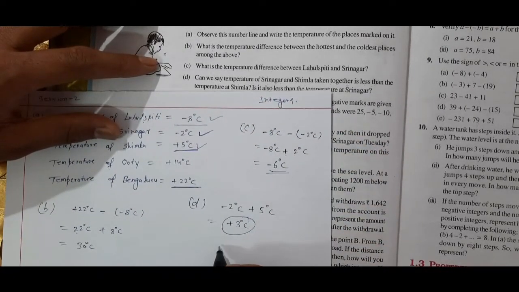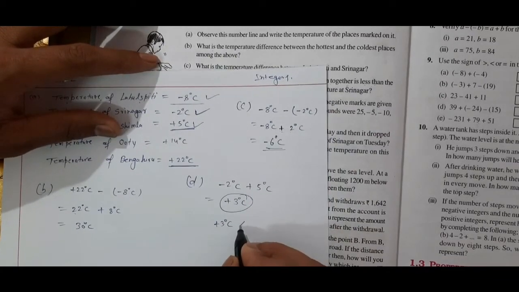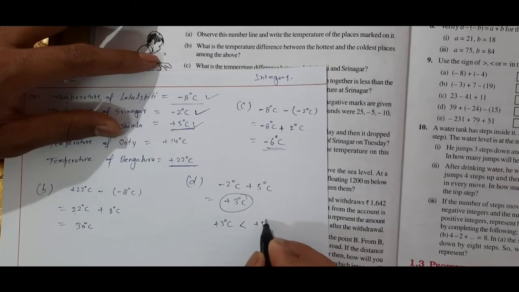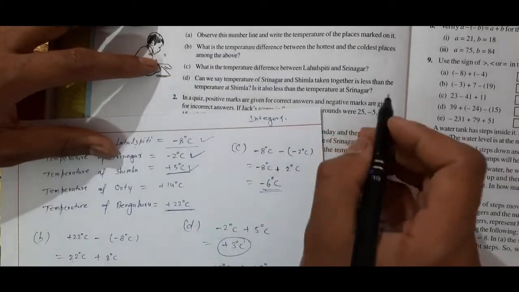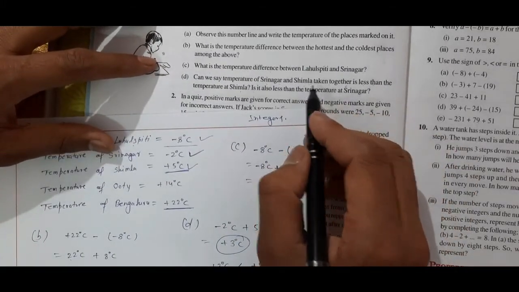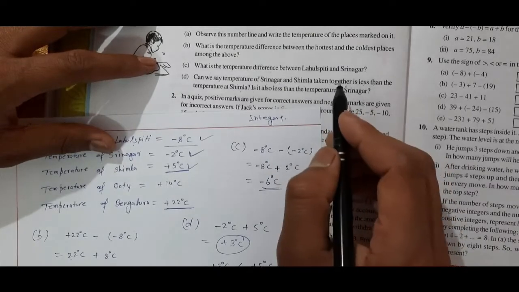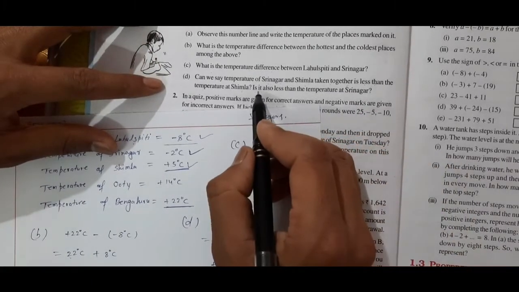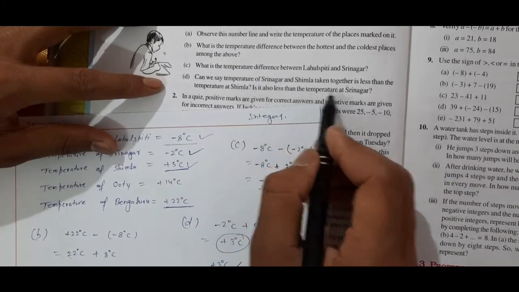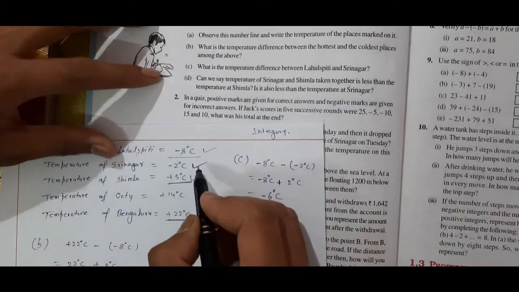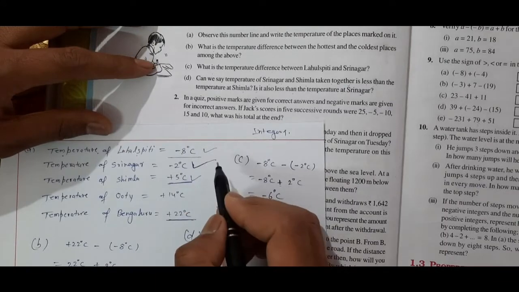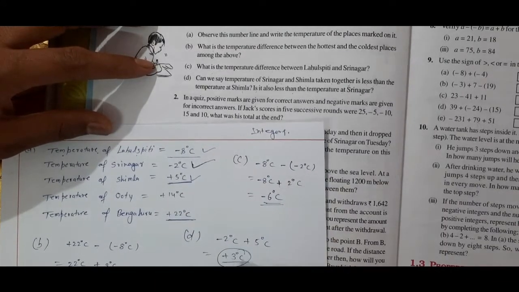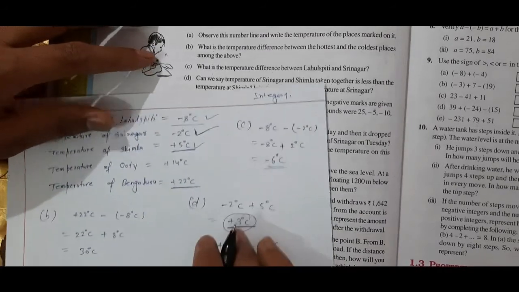So, we can say +3 degrees Celsius is less than +5 degrees Celsius, which means the temperature of Srinagar and Shimla together is less than the temperature of Shimla. Now, is it also less than the temperature of Srinagar? What is the temperature of Srinagar? -2 degrees Celsius, and the sum of temperatures is +3 degrees Celsius.